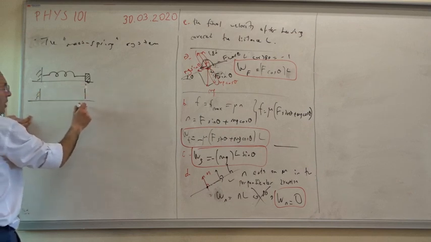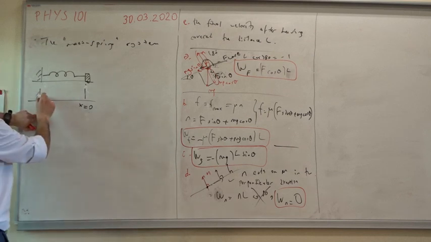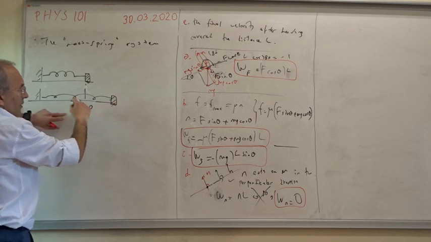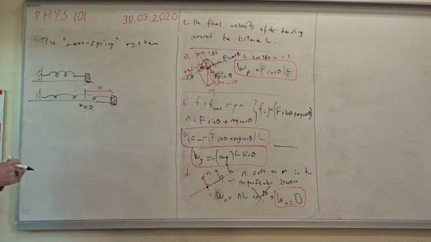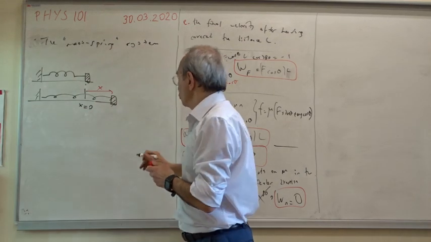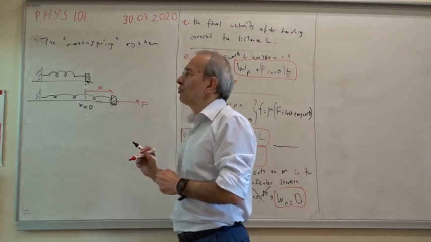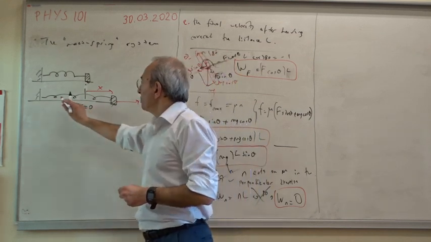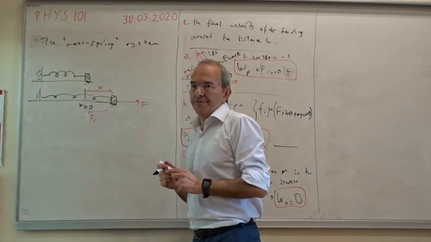Assume this is the unstretched position, equilibrium position, when you try to elongate this spring to a greater position by a distance x, then we have to pull it, apply a force. We should apply a force F to this. But at the same time, the spring tries to take it back with some restoring force, Fr.